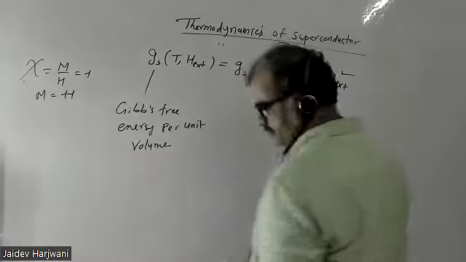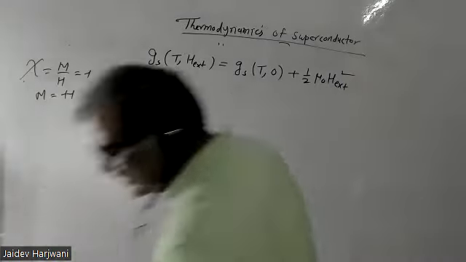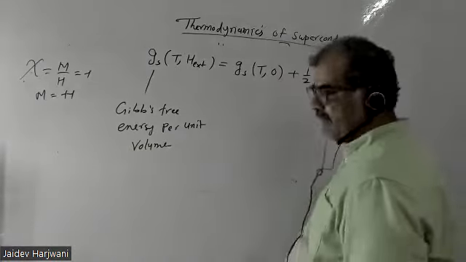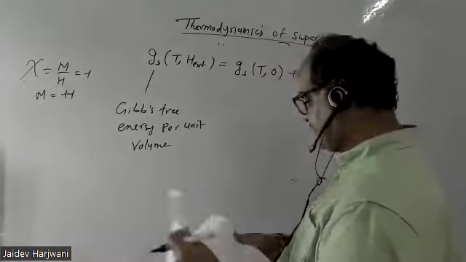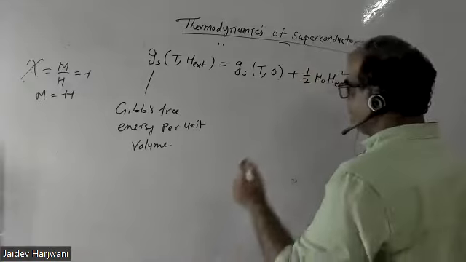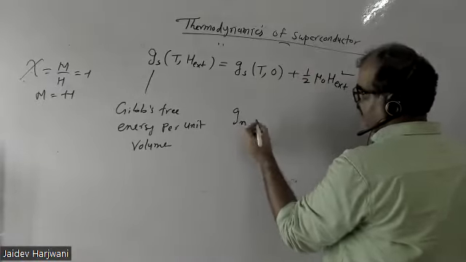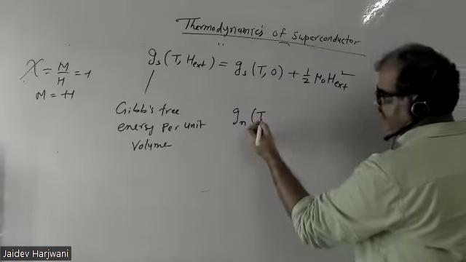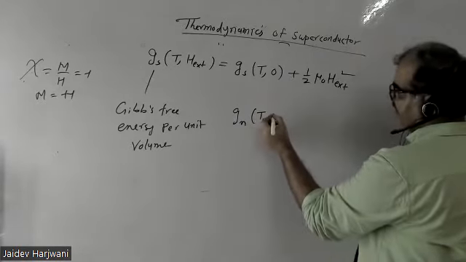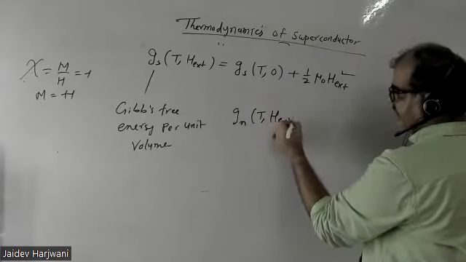Now suppose I have a normal state and I'm applying a magnetic field. So what will happen? Suppose I have a normal state, T greater than Tc, and we have an external magnetic field.